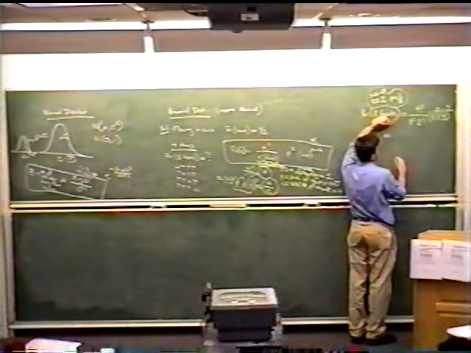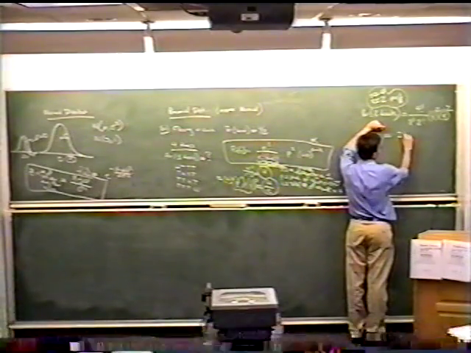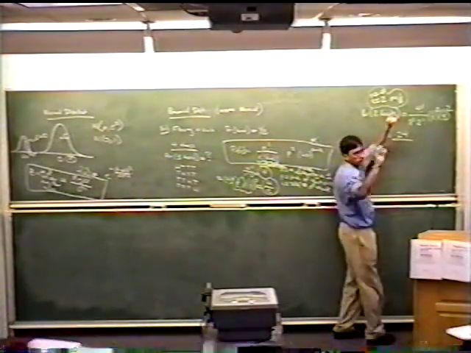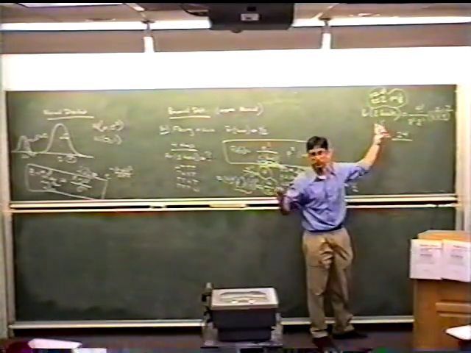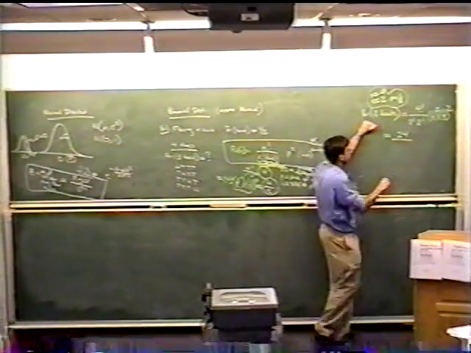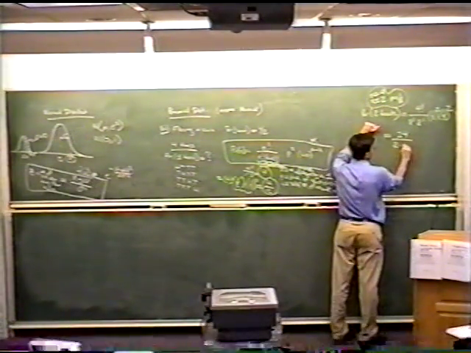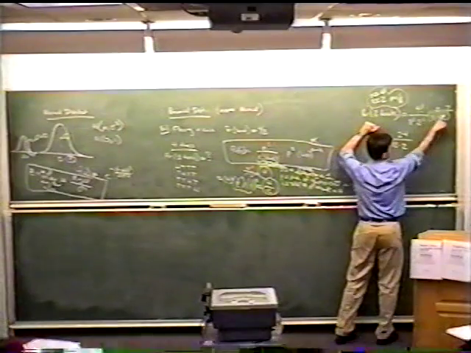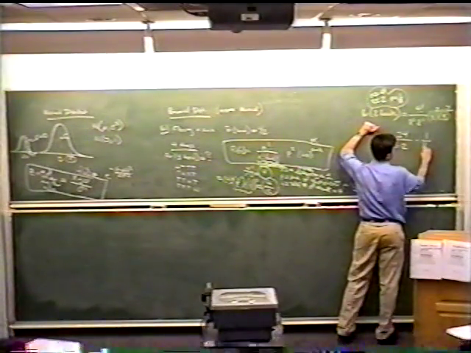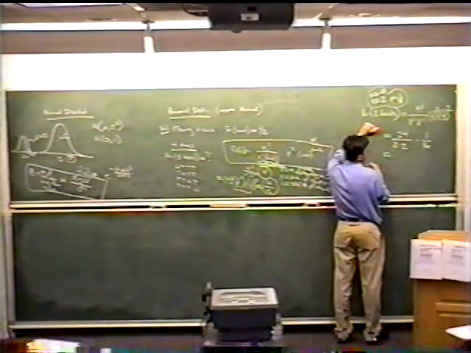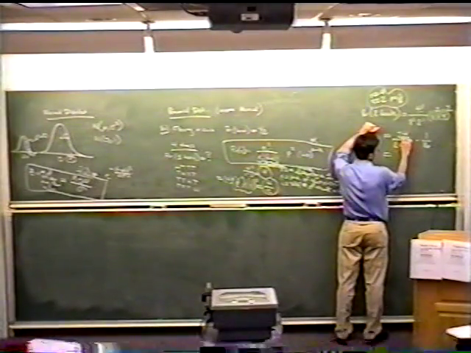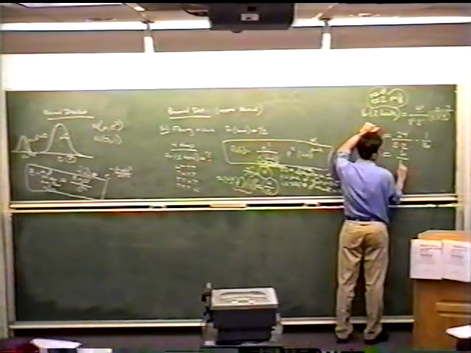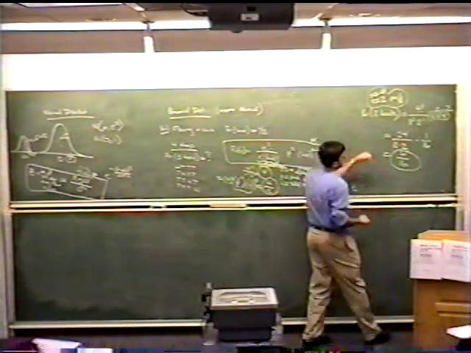So 4 factorial is 24. You guys know what factorial is? 4 factorial is just 4 times 3 times 2 times 1, everything down to 1. 2 factorial is just 2. This is 1/2 to the 4th power, so that's 1/16. What you end up with is 24 over 4, which is 6/16.